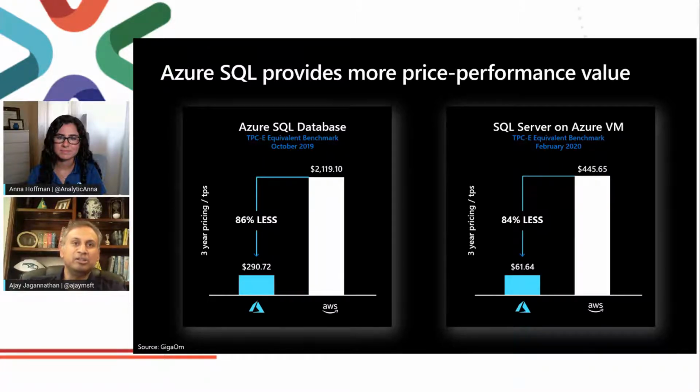As you can see in the chart on the left, with our PaaS offerings you have significant savings, up to 86% with reserved instance and other benefits such as Azure Hybrid Benefit, compared to other competitive clouds like AWS. Likewise, even if you decide to go to IaaS, you can still realize significant cost savings because you can move your existing licenses using Azure Hybrid Benefit and reserved instances, and gain similar savings. What this really means is SQL runs best on Azure compared to any other cloud.